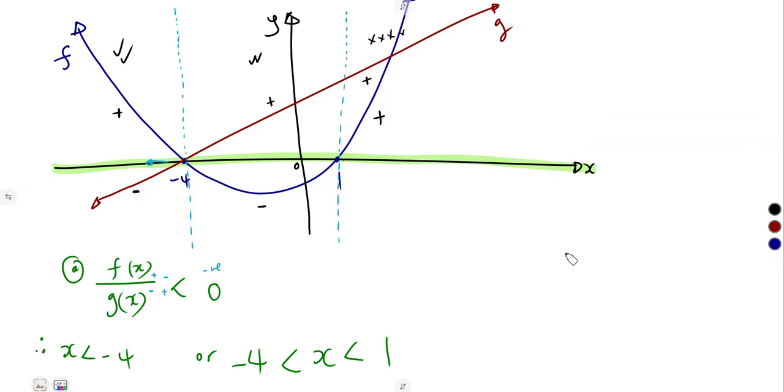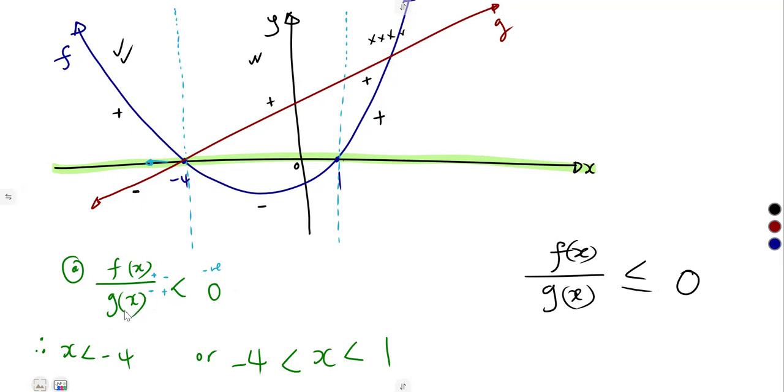I want us to be very careful. If they said here f of x over g of x is less than or equal to 0, it does not mean you're going to put equal to everywhere. You must consider your g of x, which is the one in the denominator.